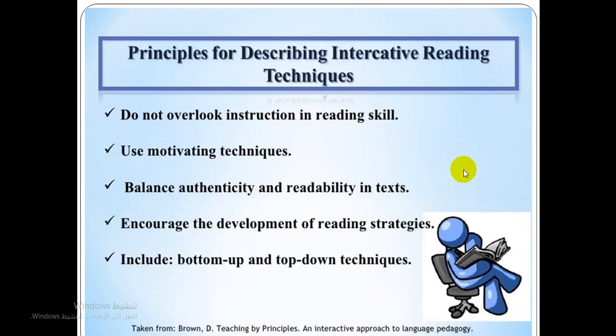What are the principles for describing interactive reading techniques? Interactive reading techniques don't overlook instruction in reading skills, so they don't underestimate the importance of specific instruction in reading skills.